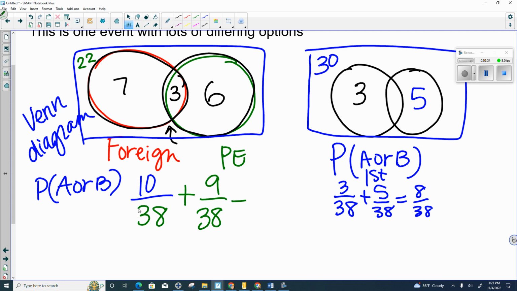Okay, I have counted those 3 people twice, so I've got to subtract them. And if you're on Big Ideas, it might ask you to write it as a reduced fraction. It might ask you to turn it into a decimal rounded to 2 decimal places or 3. They might say tenths or hundredths or thousandths, or making it a percentage. But this is the basic gist of the idea. Are they overlapping or not?